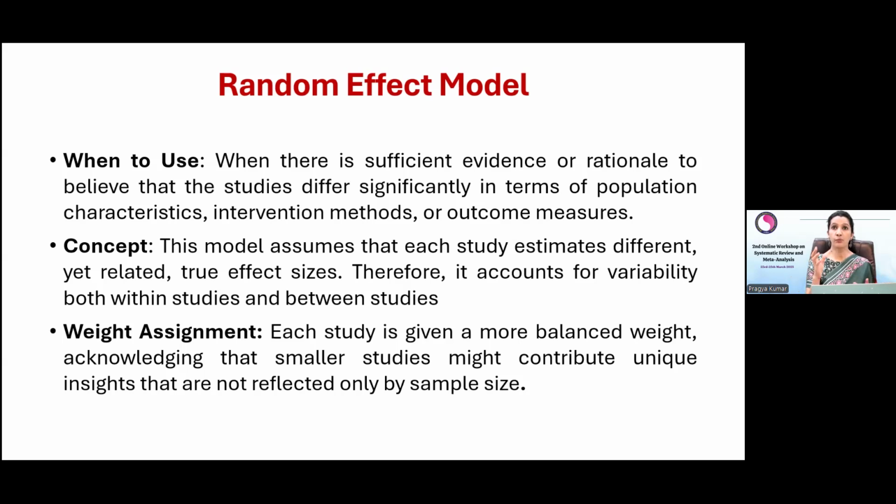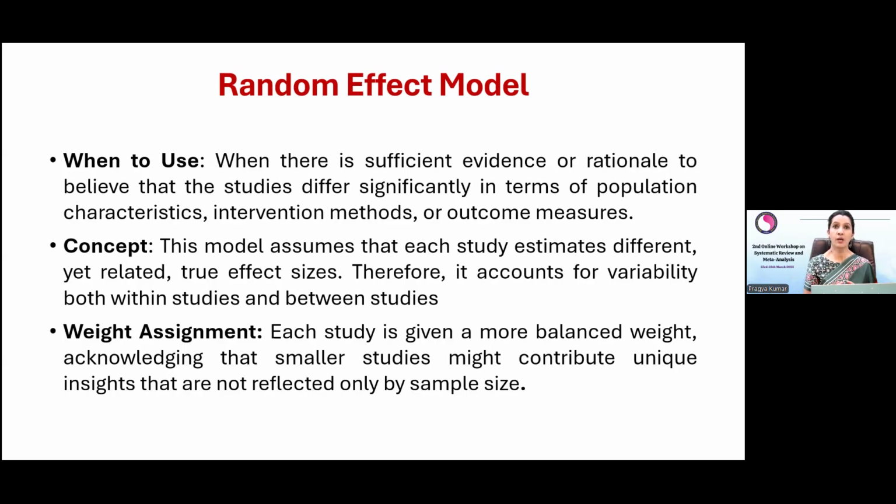So this assumes that the studies are quite different in terms of many variables. That's why you cannot assume a single true effect size for all the studies. You assume that there is no single true effect size, and there is variability within the studies and between the studies.